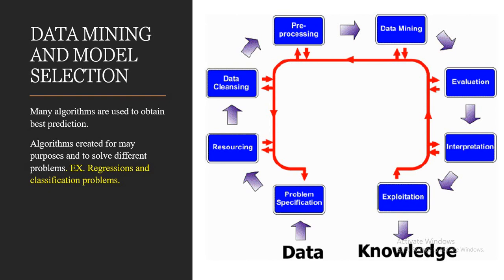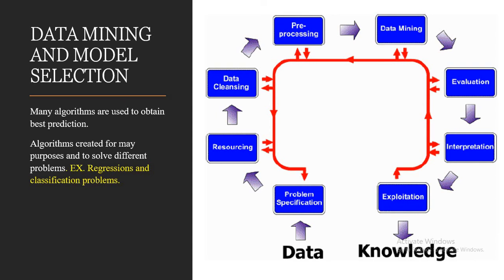This is where actual data mining is done, in the data mining and model selection stage. In this stage we obtain or optimize many models or classifiers, or we can call them algorithms, in order to obtain the best prediction.